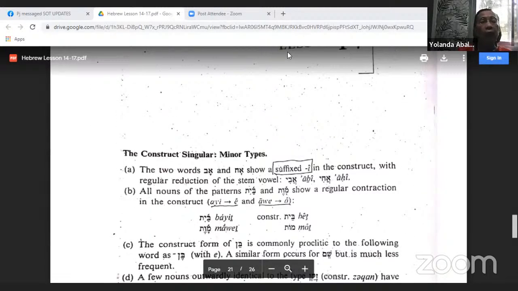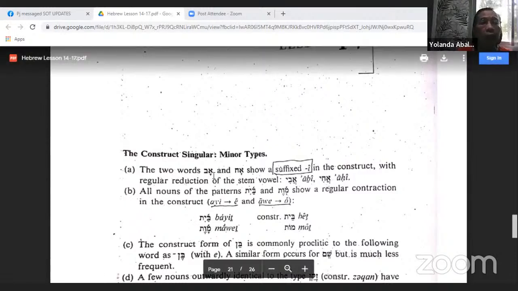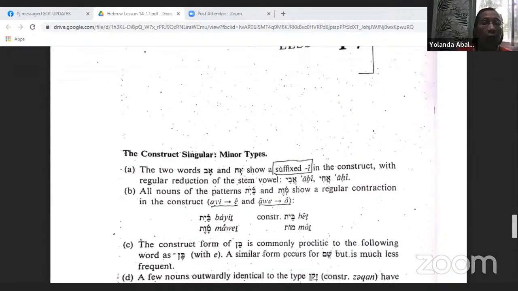Lesson 17 tayo. The construction singular of a minor types. We have here the word ak, ab. Alright. Ang suffix niya ay i.